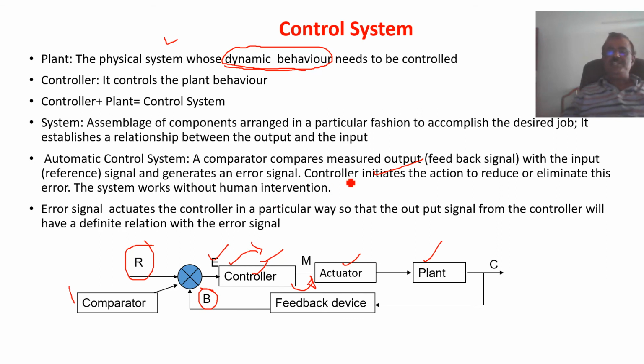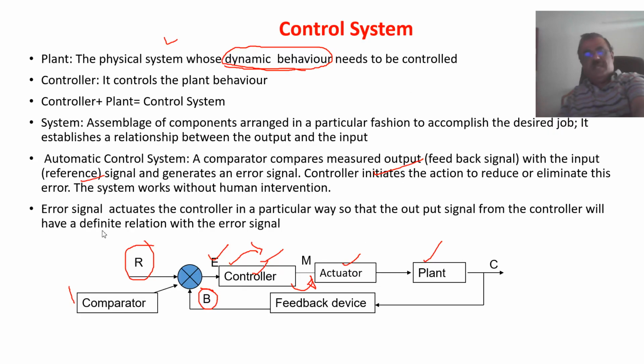The controller initiates the action to reduce or eliminate this error. The system works without human intervention, which is why you call it an automatic system. The error signal actuates the controller in a particular way so that the controller's output signal has a definite relationship with the error signal.